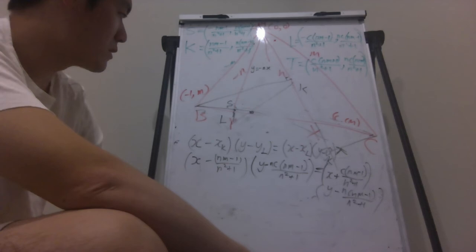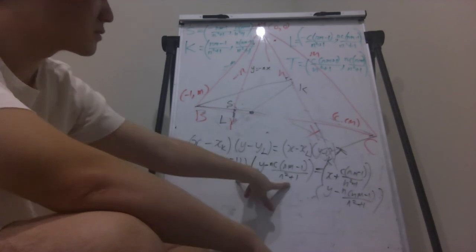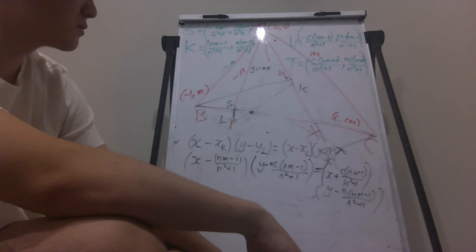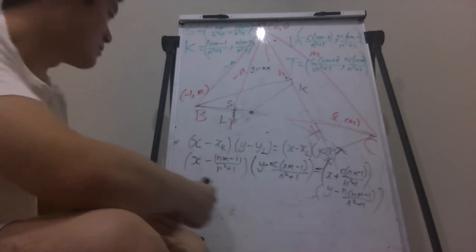Okay, so the x, y's cancel. And you get this product plus this product. Plus that product. So let's do the constant term, yeah?